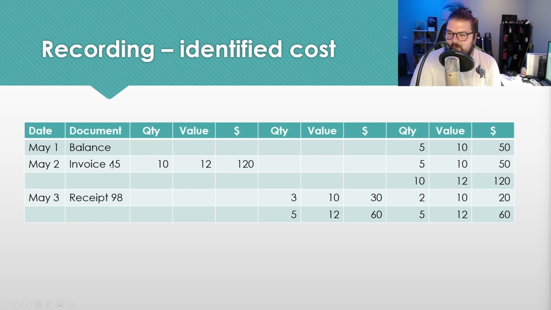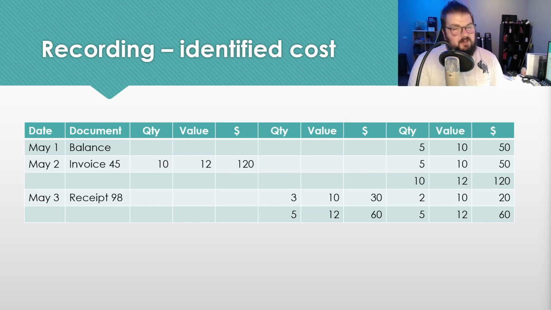When we've got stock coming in, we've got May 2nd, invoice 45, 10 units at $12 each for $120 total. And that means we can put in our balance column, because we've got in column, out column, balance column. Here we've got our original balance plus the 10 units that we purchased for $12 equaling that. So by doing this, we're keeping track of exactly what stock we have and what cost we're purchasing it at.